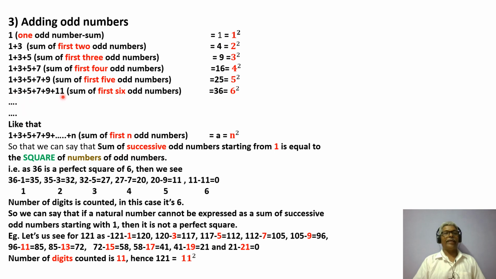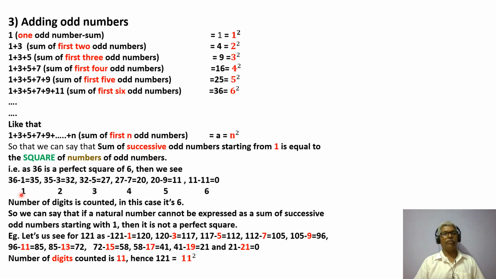If you are adding odd numbers and getting 36, that means if we subtract odd numbers, what will we get? 36 minus 1, starting from 1, is 35. 35 minus 3, another odd number, is 32. 32 minus 5 is 27. 27 minus 7 is 20. 20 minus 9 is 11, and 11 minus 11 is 0.